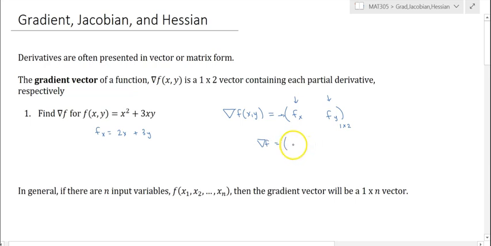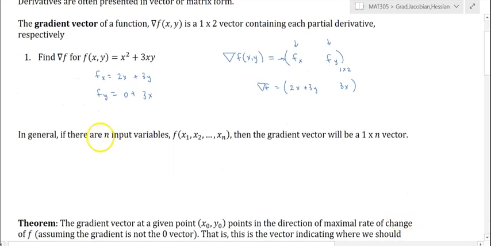We could say, well, in the first entry, we're going to have 2x plus 3y. There's our f sub x, and our f sub y will be 0 plus 3x, where 3 is a constant. Derivative of constant times y is just the constant. And so our second component in here will be the function 3x.